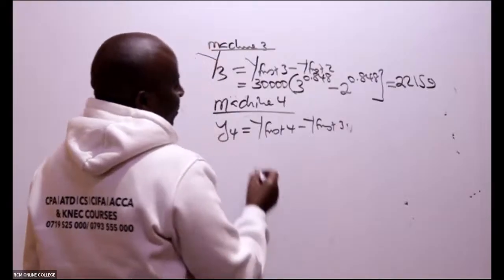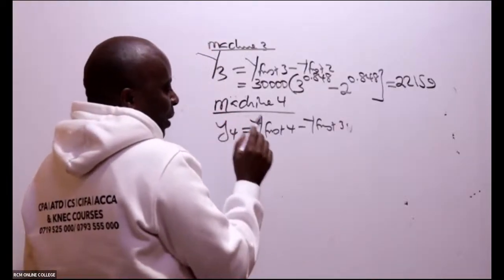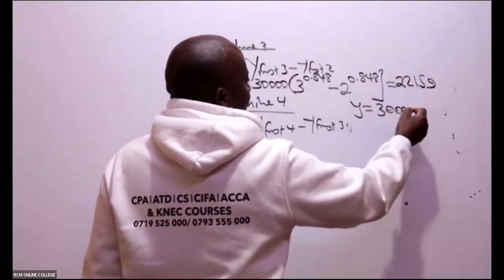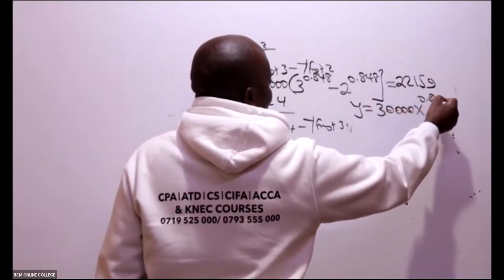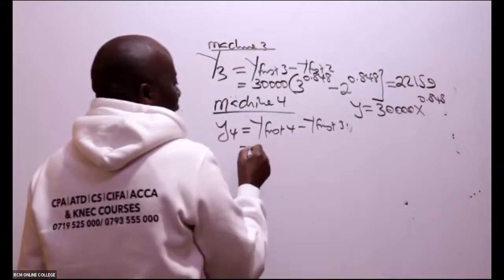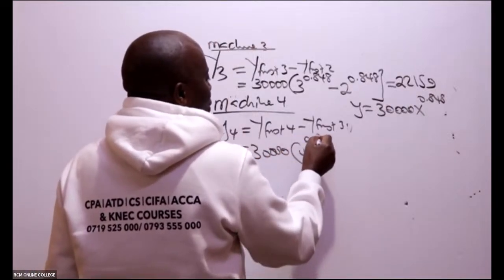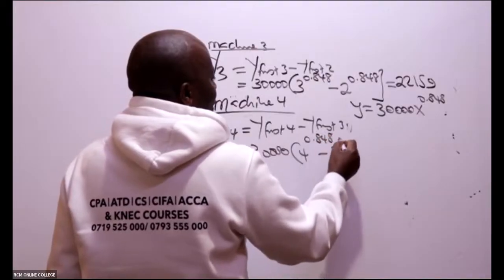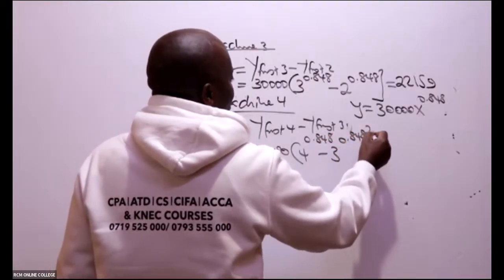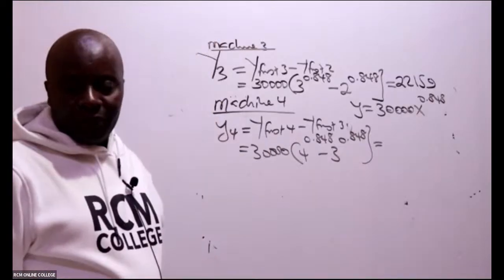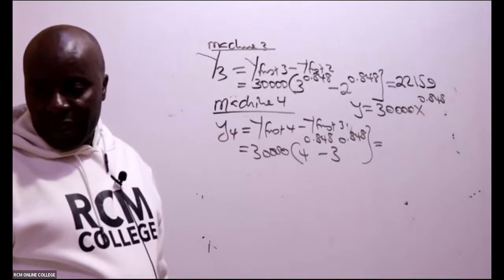Then remember our equation. I hope you remember our equation. Our learning equation was Y equals 30,000 X raised to 0.848. So then this will be 30,000 into 4 raised to 0.848 minus 3 raised to 0.848. Are you able to give us this answer?